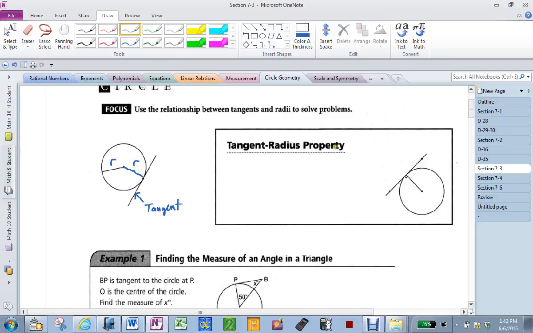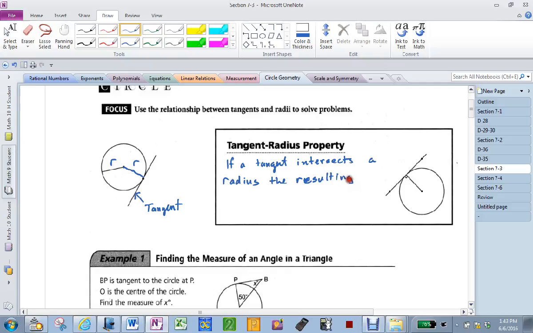So the tangent radius property states that if a tangent intersects a radius, what do we get? The resulting angle is what? Excellent.